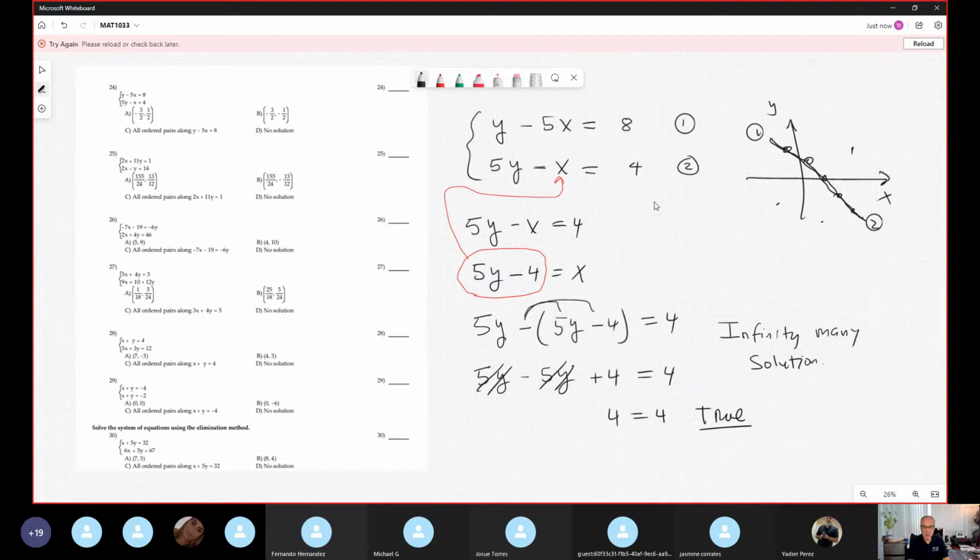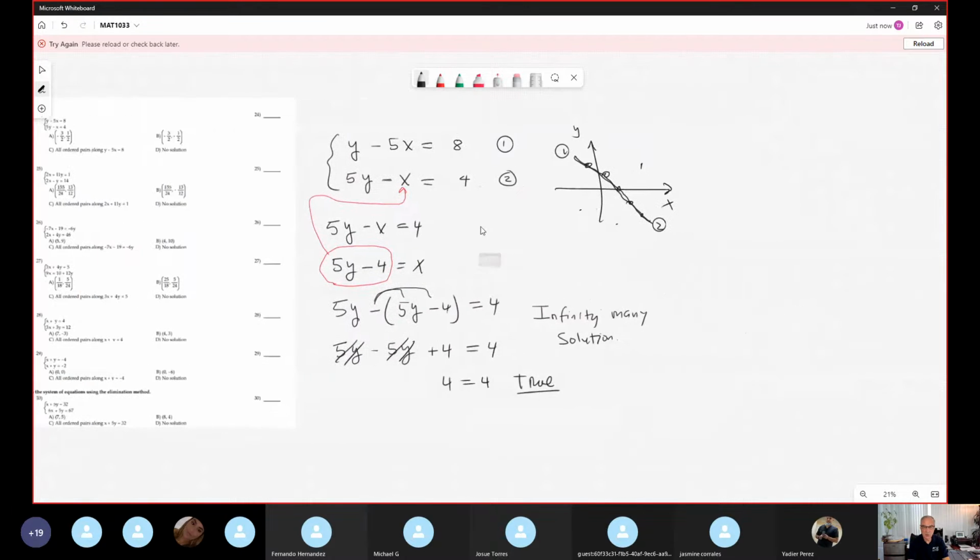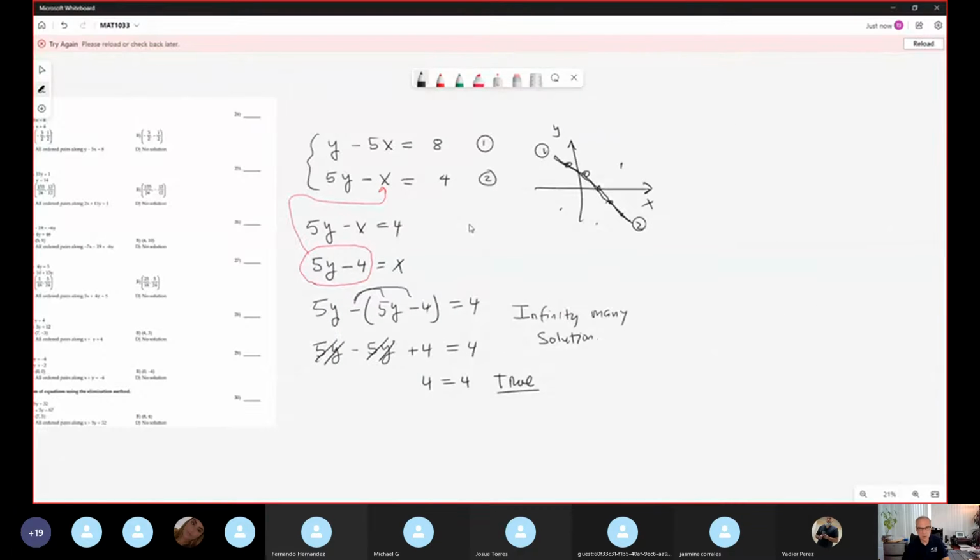Let me prove it first, to feel more comfortable, that this line is the same. So the technical name is that they are dependent equations. For example, you take equation number 1 and you solve for y. This is a plus 5x, and you move 5x negative to the right-hand side positive. Okay, cool.